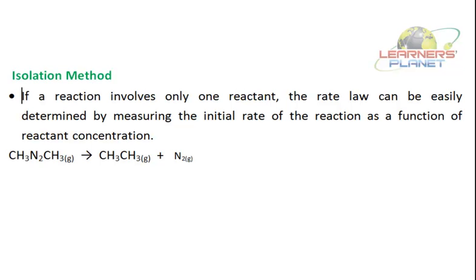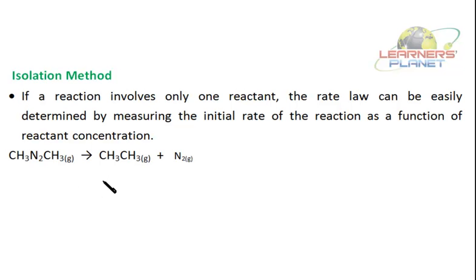The isolation method. Now if a reaction involves only one reactant, the rate law can be easily determined by measuring the initial rate of the reaction as a function of reactant concentration. So what is the expression for the rate of the reaction?